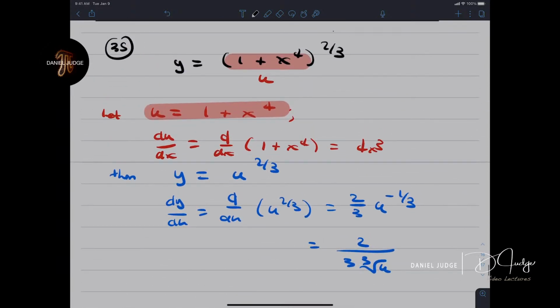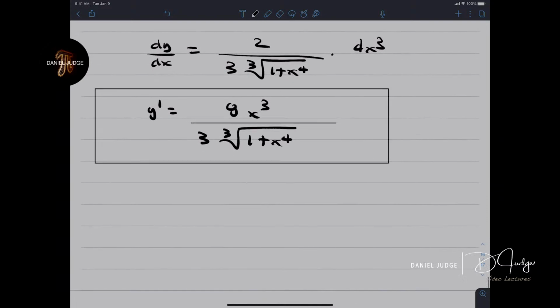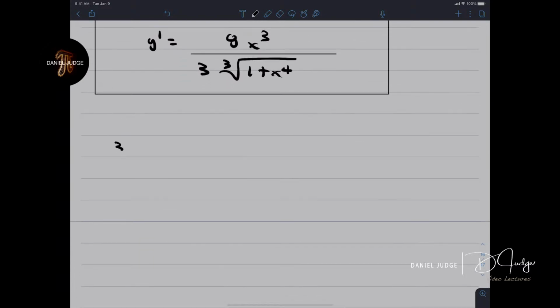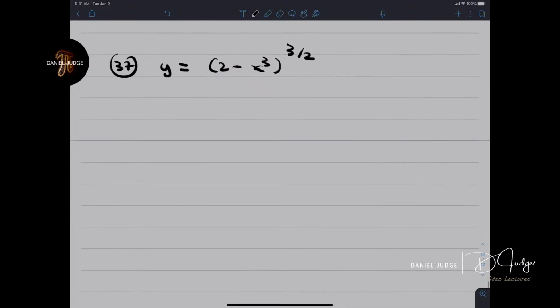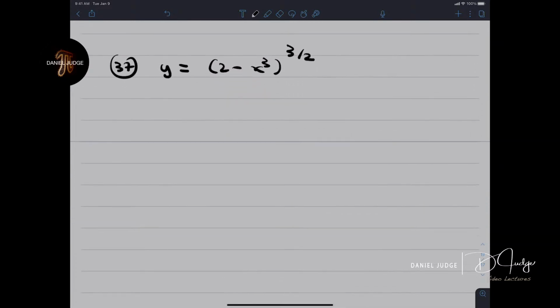This is number 35. Y is 2 minus x cubed to the 3/2 power. U, the inside function.